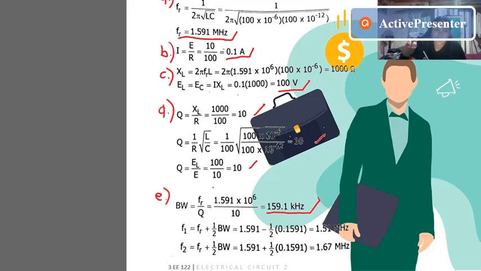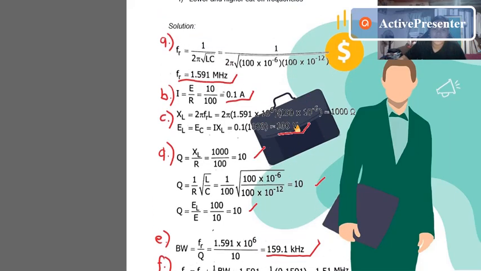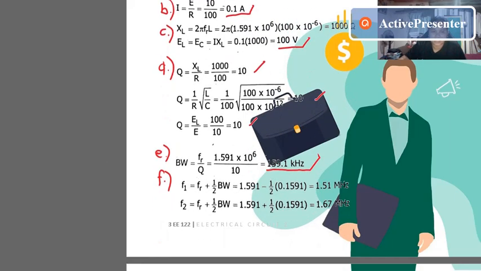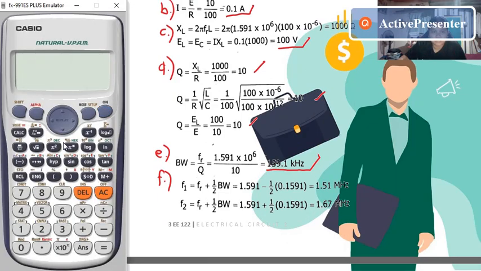And the last unknown is the lower and higher cutoff frequency. Using the formula, we have FR, 1.591, plus 1/2 of our bandwidth, 0.1591.